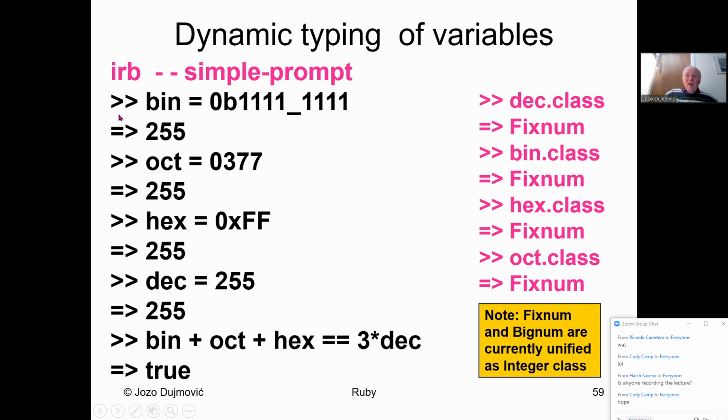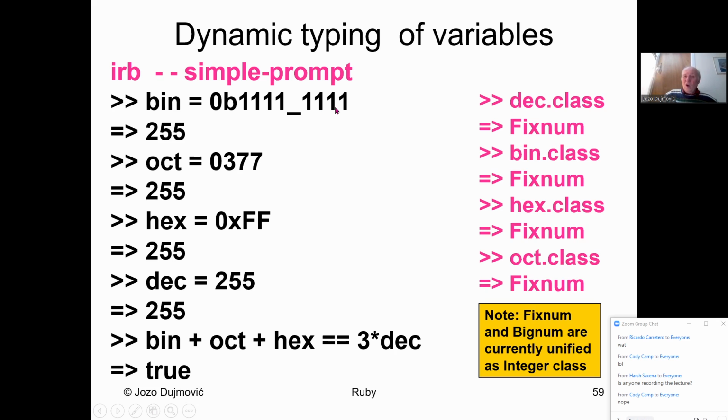If I have interactive Ruby and I say binary value is 0b11111111, so I have 8 ones. 0b tells Ruby that what comes now is a binary number. Then to put 8 ones, I have here one continuation, 4 plus 4 is 8, and the value of this is 255.